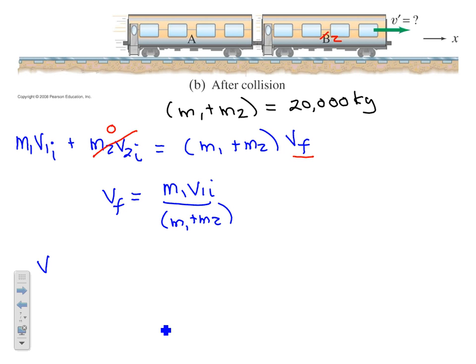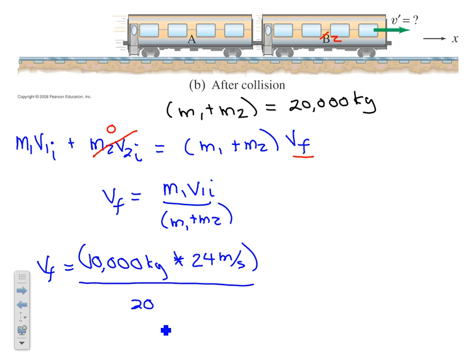So we have VF is equal to 10,000 kilograms times its initial velocity, 24 meters per second, divided by the 20,000 kilograms. Notice your kilograms will cancel, and we're left with half the velocity. So your final velocity is 12 meters per second.